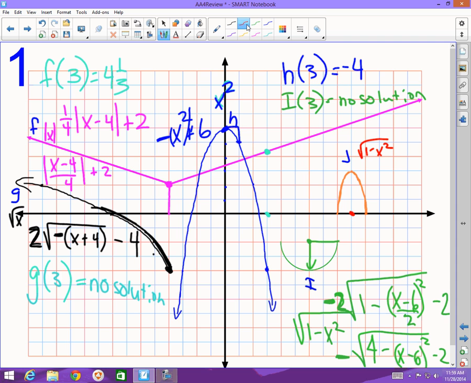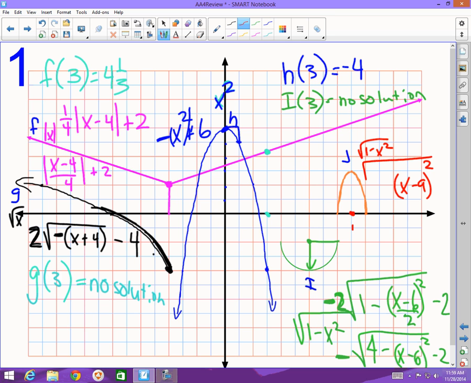Okay, now to this one. It's the square root of 1 minus x squared again. And here's the center, which is shifted to the right, 2, 4, 6, 8, 9. So it's going to be x minus 9. And it's shifted up none.